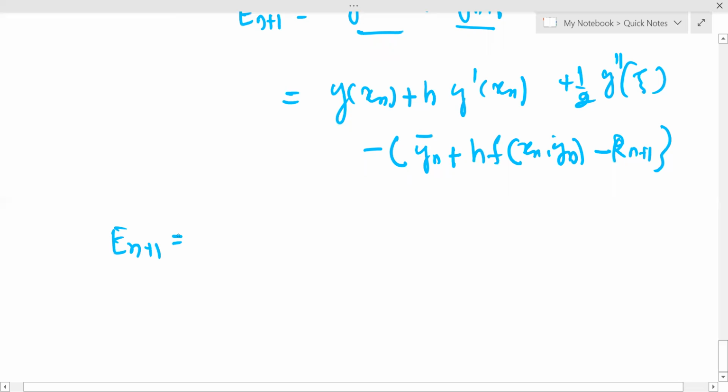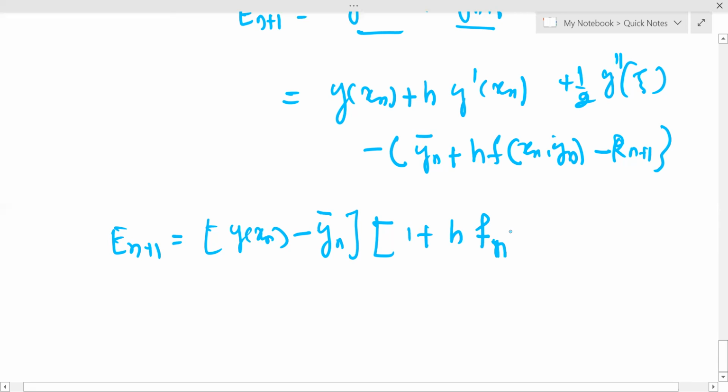En plus 1 is equal to y of xn minus y of n bar, plus, taking h common, 1 plus h into the partial derivative of f with respect to y at xn, xi n.